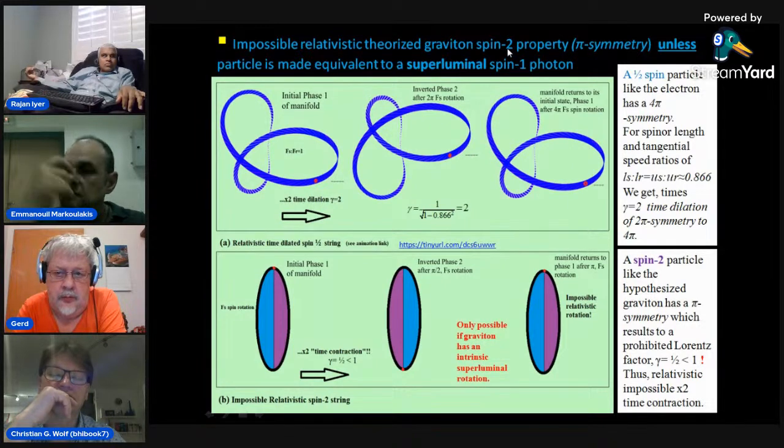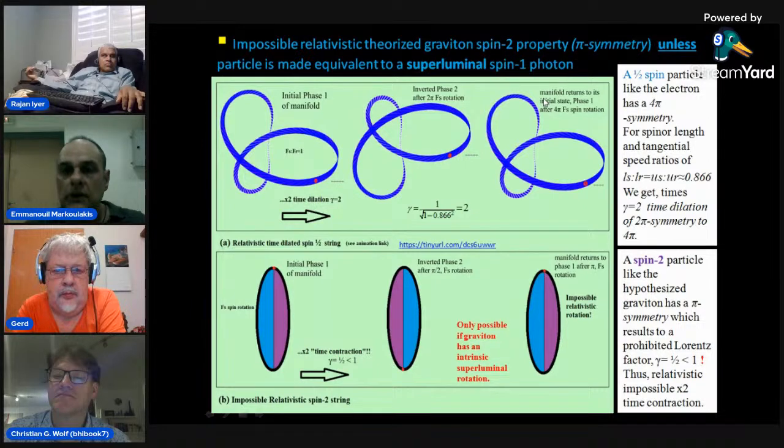However, with our analysis, we show here that it is relativistically impossible to have spin 2 unless the particle is superluminal. Namely, it's equivalent to a superluminal spin 1 photon. So how did we come to this conclusion?